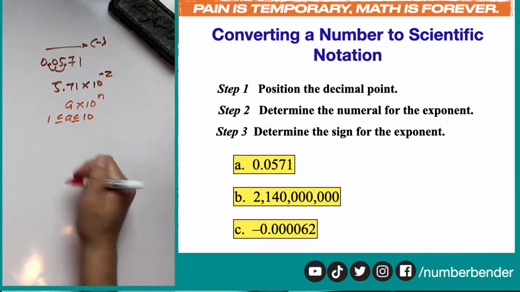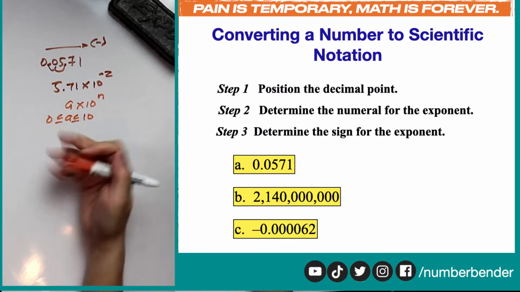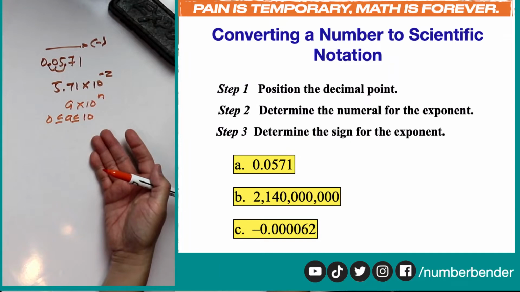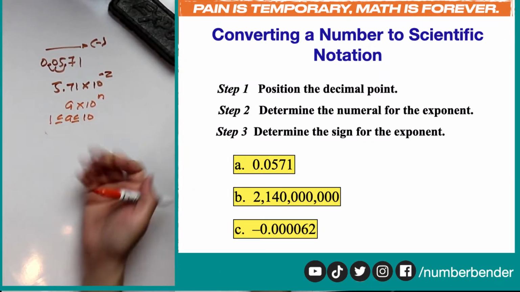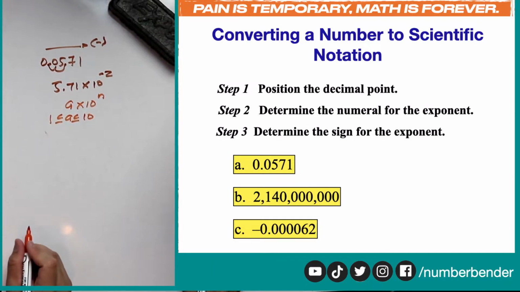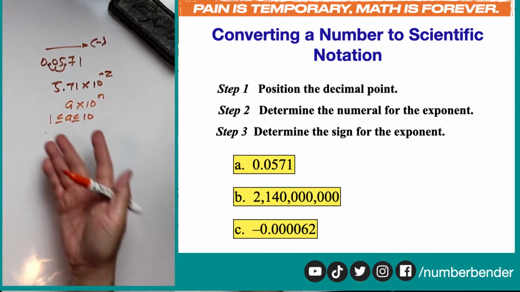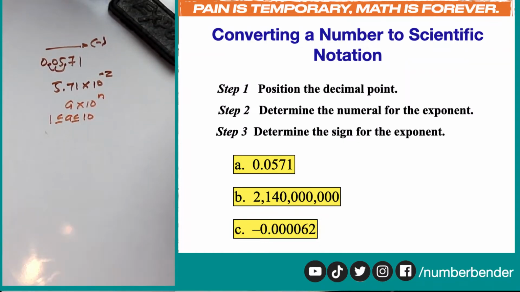I think it's 1, not 0. So between 1 and 10, a positive real number, and this is how we formulate our first answer: 5.71 times 10 to the negative 2.